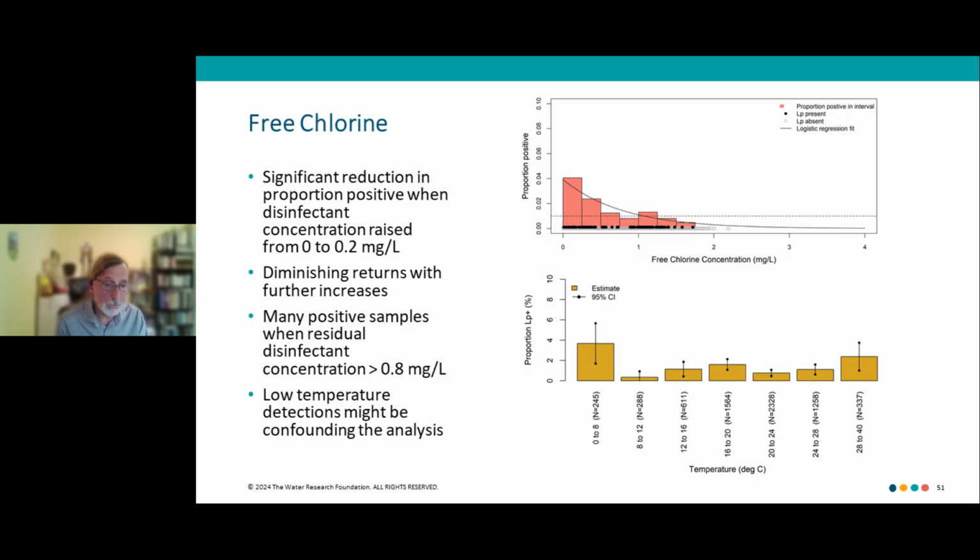In the bottom figure, we binned the data somewhat arbitrarily, in intervals that had roughly the same number of observations in each bin. And we can see that there was a fair number of positive samples observed, but at low concentration, at low temperature. But if you neglect those, there's a general trend toward increasing positivity as you increase the temperature.